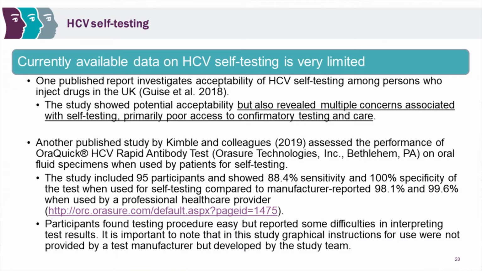In order for self-testing to be used for HIV, there had to be a series of studies and trials done to understand if it was feasible, acceptable, to understand if people who did self-testing were being linked to care in the proper way. These same studies need to happen for hepatitis C self-testing because currently there is very limited data available on hepatitis C self-testing.